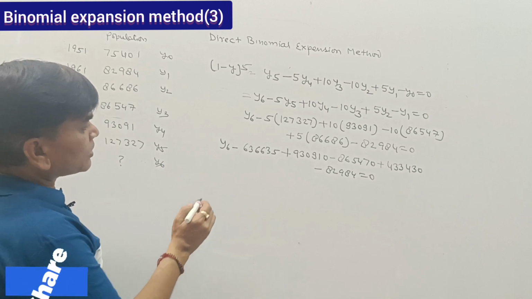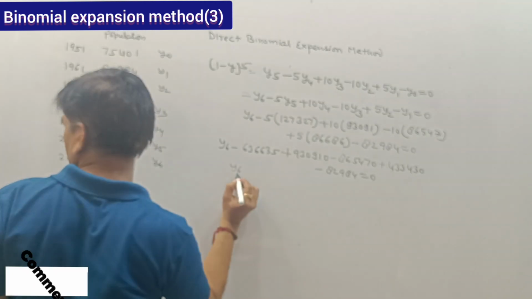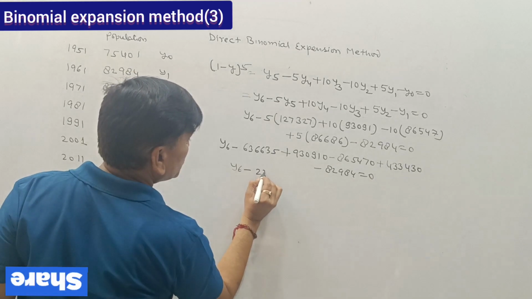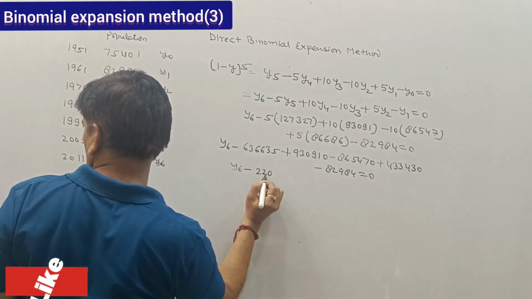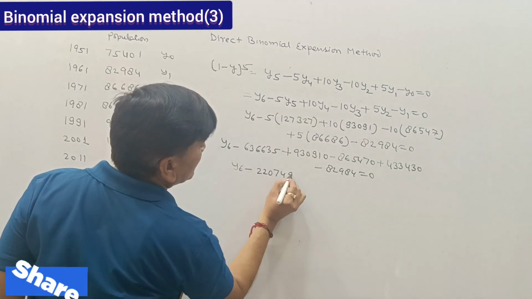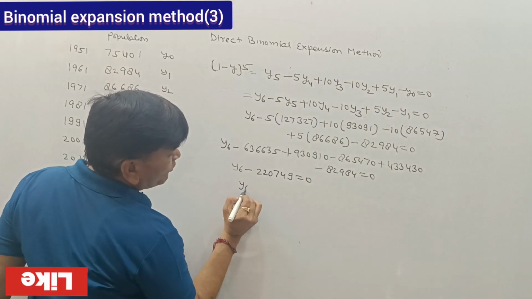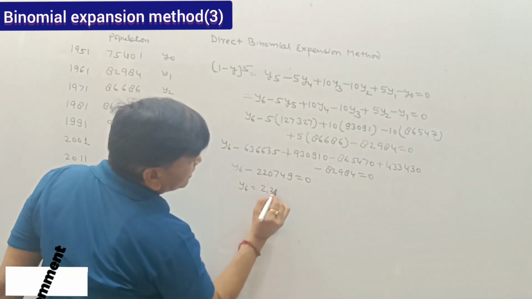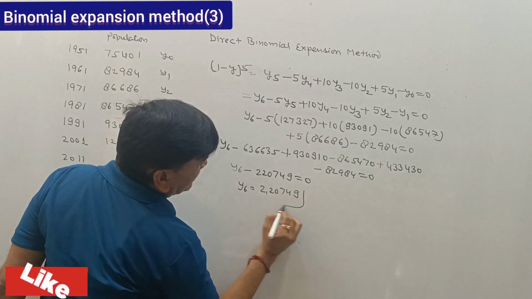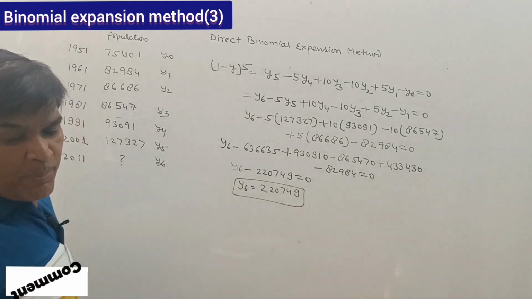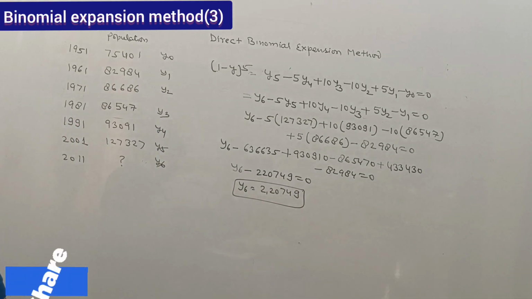So total, y6 minus 220749 is equal to 0. So the value of y6 is 220749.